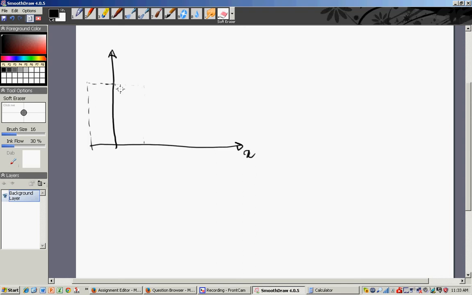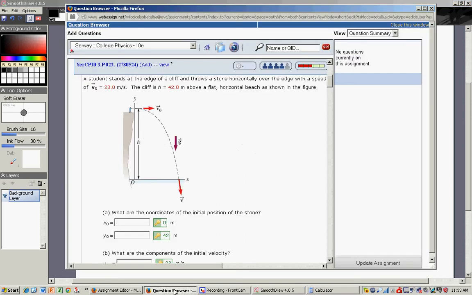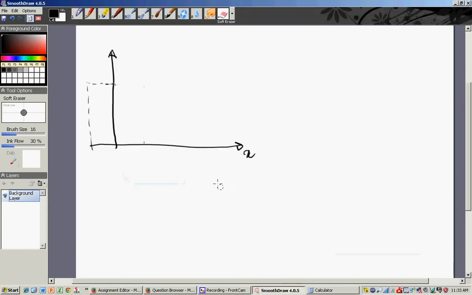This is my x-axis, this is my y-axis, and I'm going to draw a cliff, right? In fact, let me draw the cliff like this. I don't need this part here, and I'm just repeating what I have there, right?